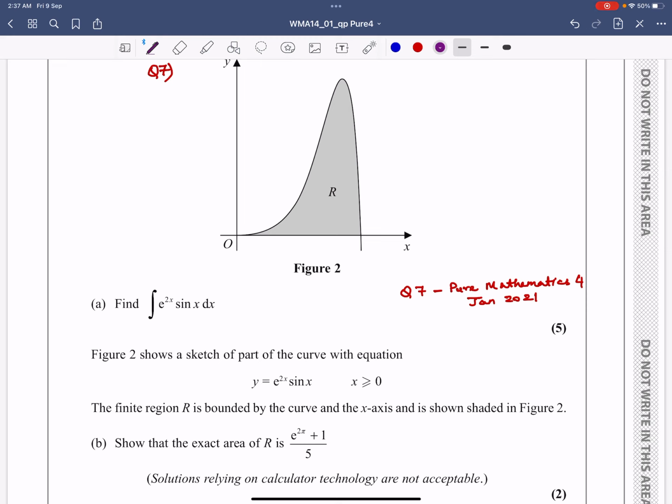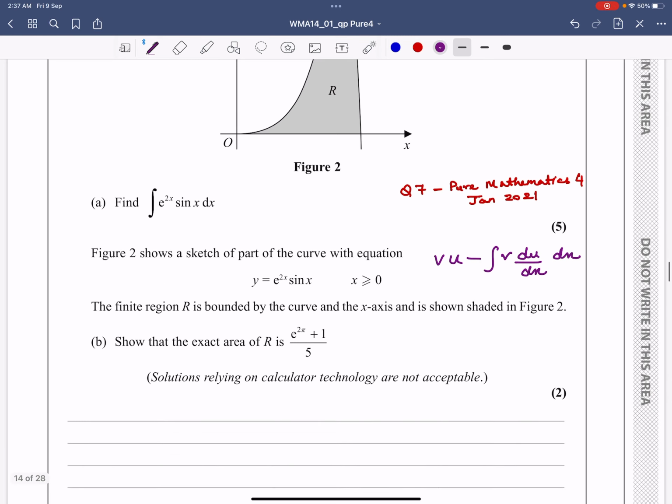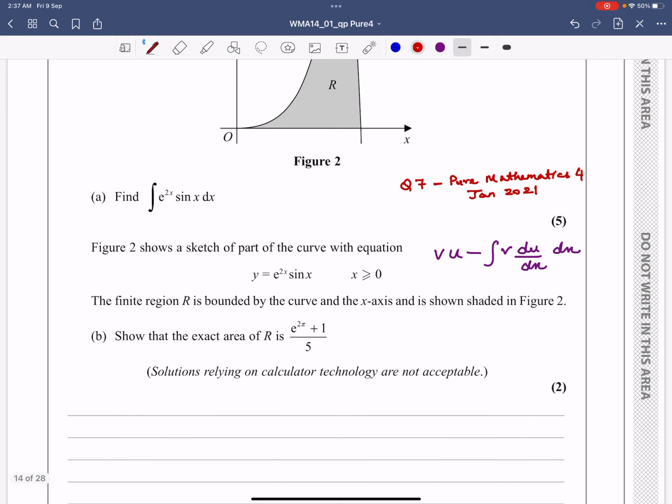For integration by parts, we use a formula which is vu minus the integral of v du/dx with respect to x. Now, what is v, u, du/dx? We'll see that. Let's write the question. The question is integrate e to the power of 2x sine x with respect to x.